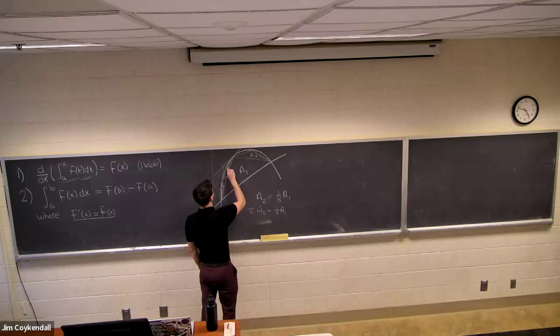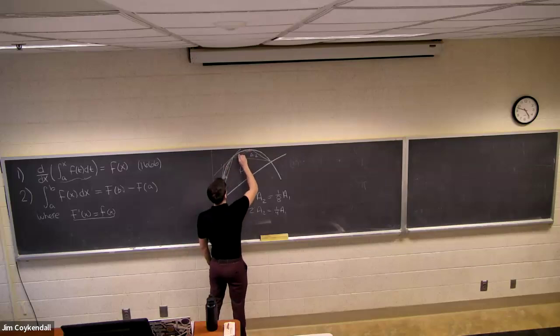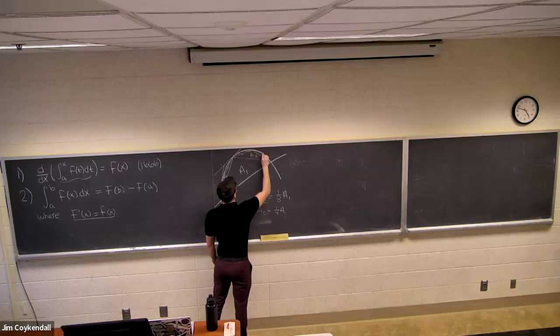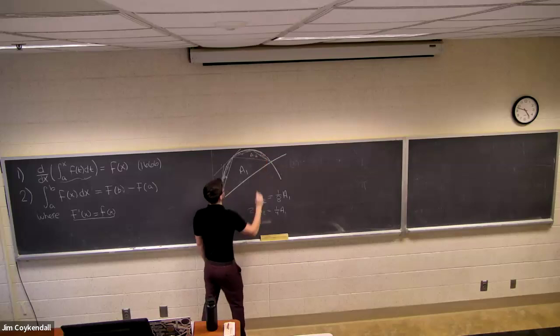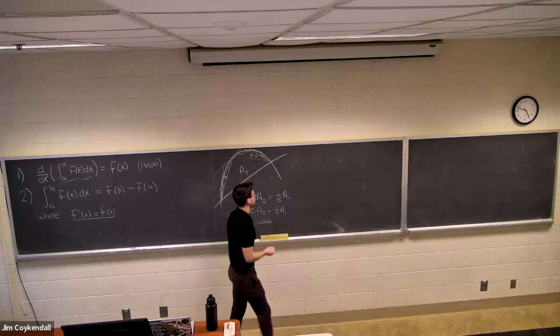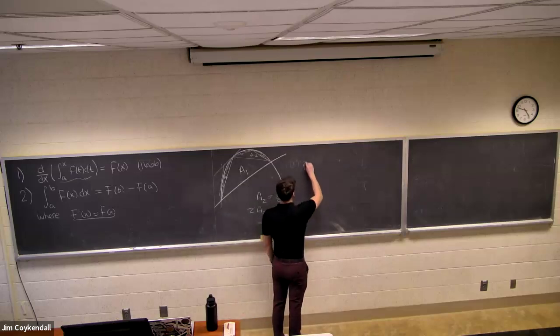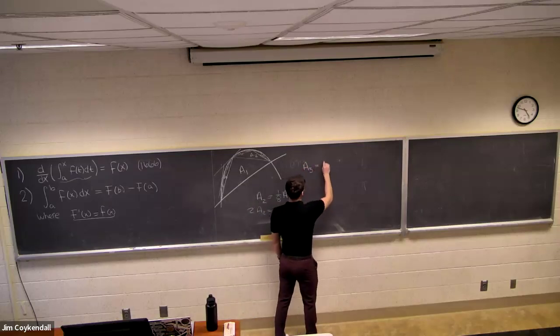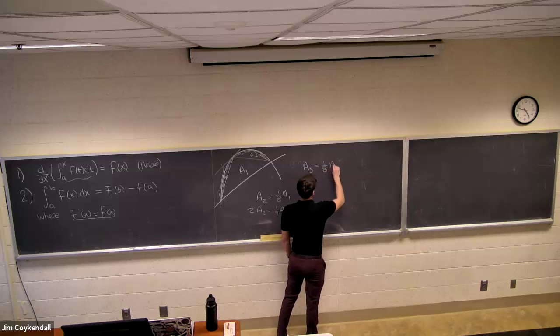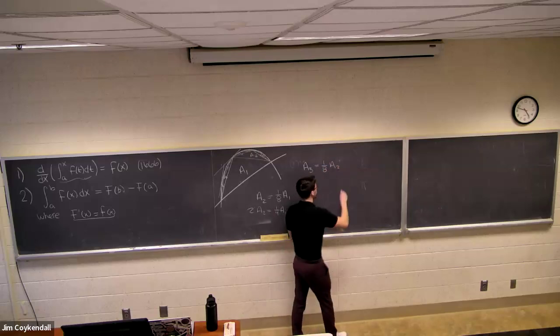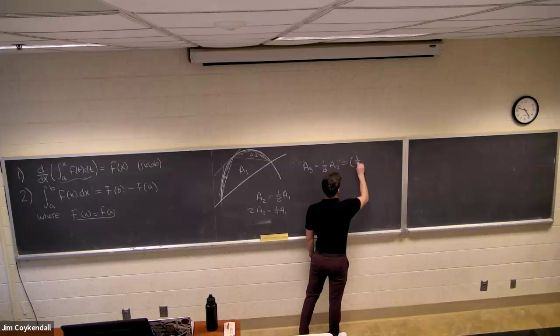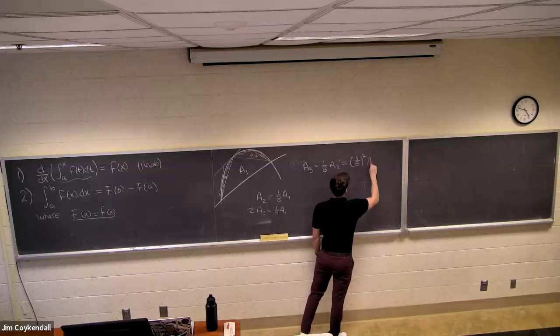A3, A3, A3. This is degenerating. You get the idea. A3 we showed was, by the same argumentation, 1/8 A2, 1/8 squared A1.